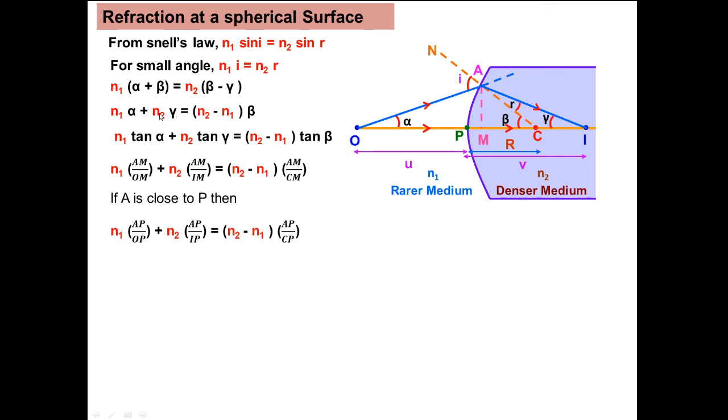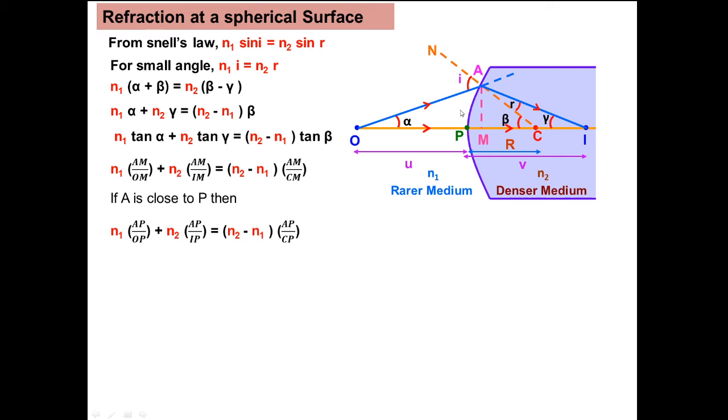Now if we remove the bracket, we can write N1 alpha plus N2 gamma equal to (N2 minus N1) beta. Again, for small angles, alpha can be written as tan alpha, beta as tan beta, and gamma as tan gamma.